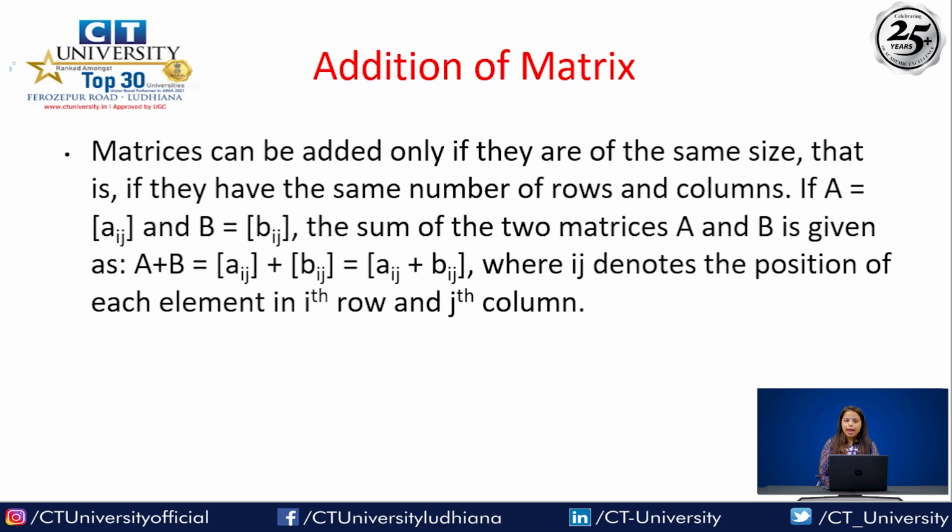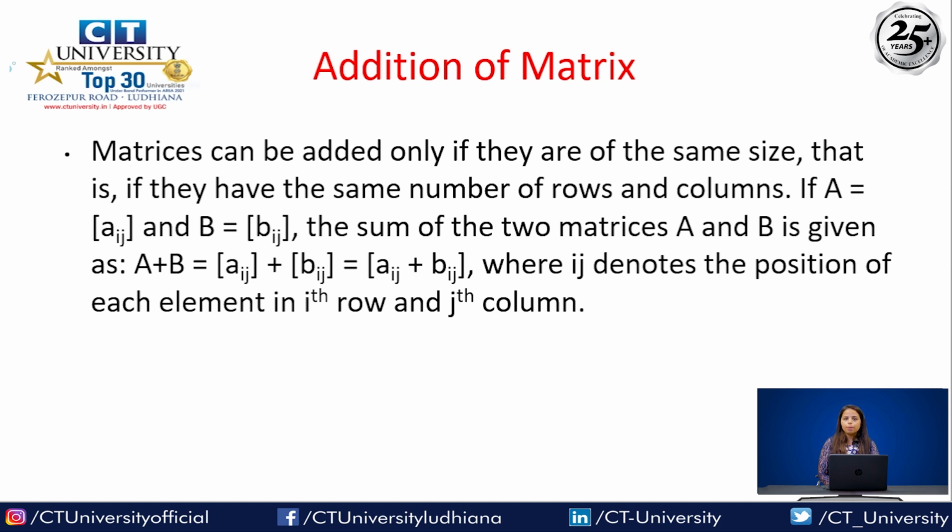Matrices can be added only if they are of the same size, meaning their orders will be equal. This is the condition for the addition of matrices. That is, they must have the same number of rows and columns, meaning the order must be equal.